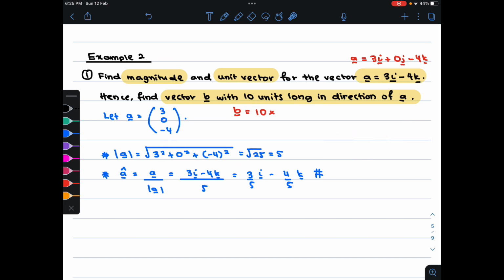So what we're going to do here is just imagine that vector A is just one unit, so that it is easier for us to find vector B.